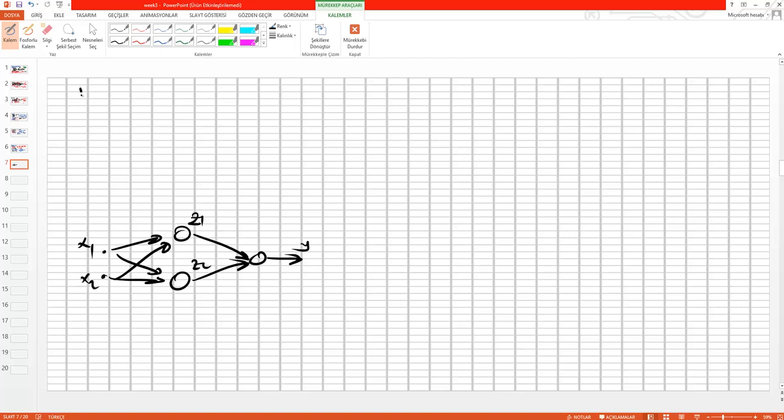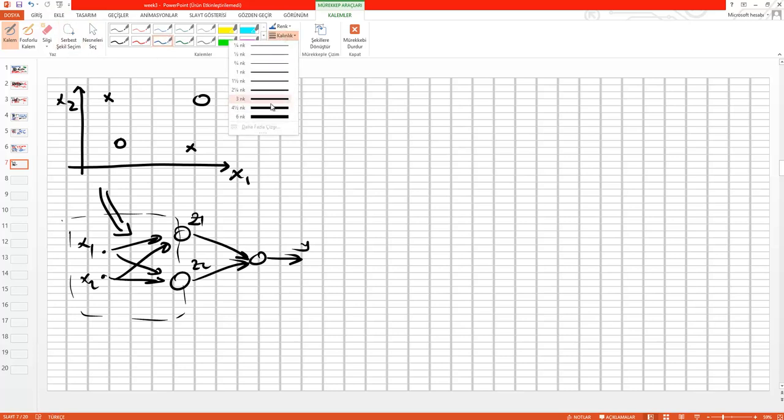And so, what's the geometric representation of these terms? In this case, we have x1 and x2. This is the first thing. And so, this is directly related to this plane. These terms can be represented by using this notation. And so, x and o can be given in here.